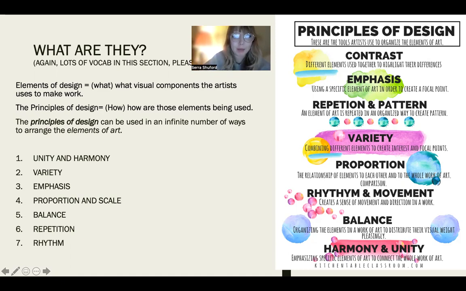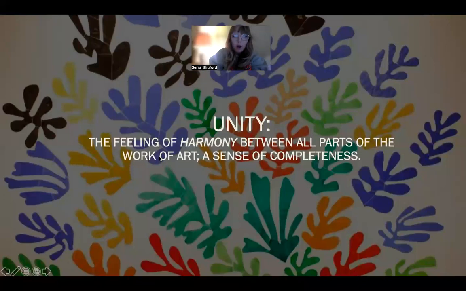The principles of design can be used in an infinite number of ways to arrange the elements of artwork. But we're going to break it down into unity and harmony, variety, emphasis, proportion and scale, balance, and repetition and rhythm. So our first one is unity, and it's an easy one to begin talking about because unity is the feeling of harmony between all parts of the work of art or a sense of completeness.